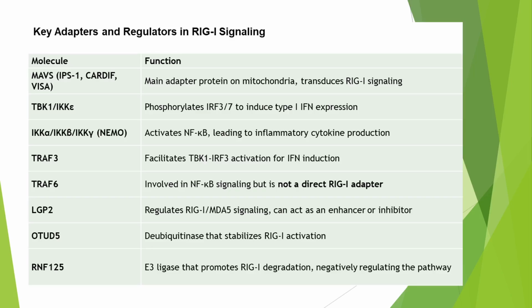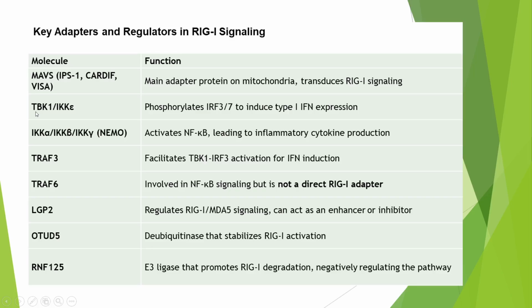So this is also a gist, your key adapters and regulators of your RIG1 signaling. Your MAVS, which is also called IPS1, Cardif, VISA, etc. is your main adapter protein, which is present majorly on mitochondria and also on some other connected organelles like peroxisomes, ER, etc. This transduces your RIG1 signaling.